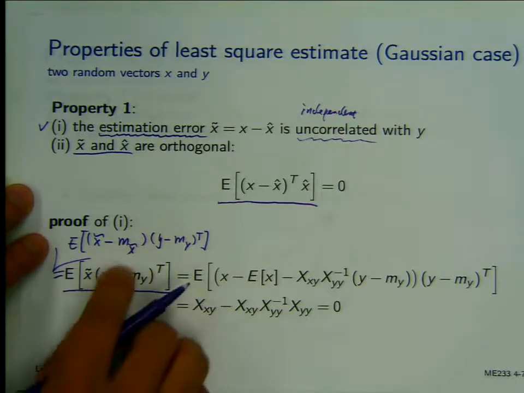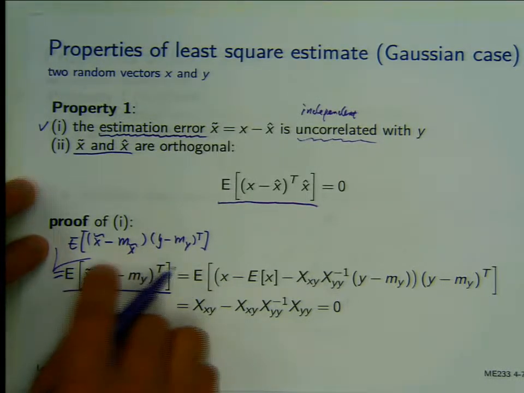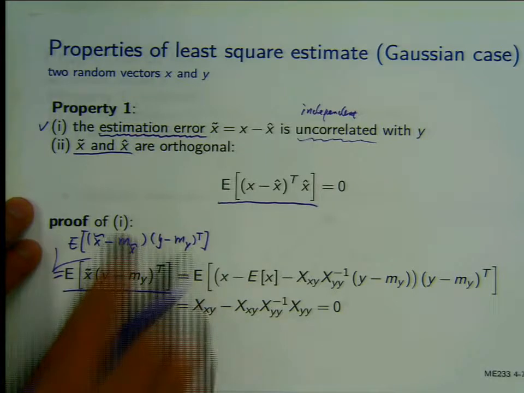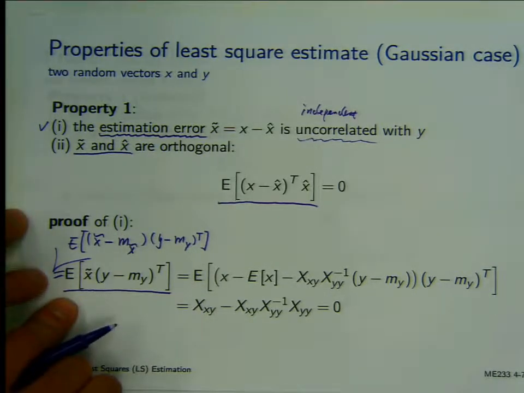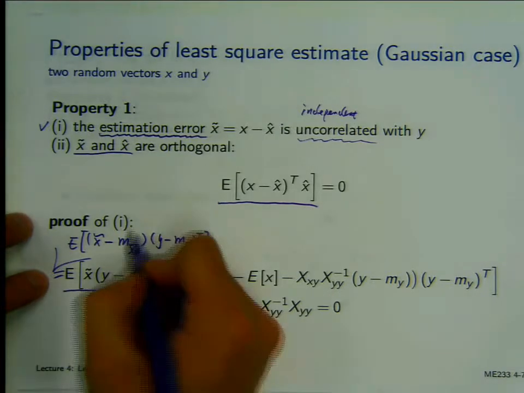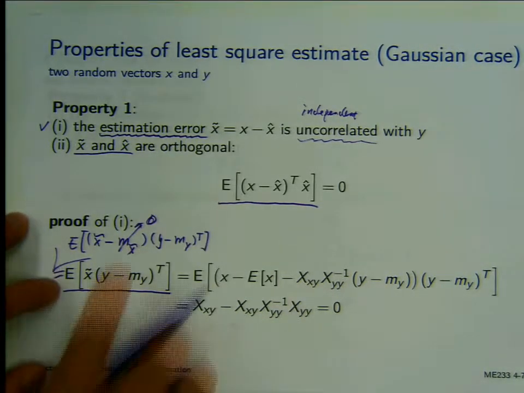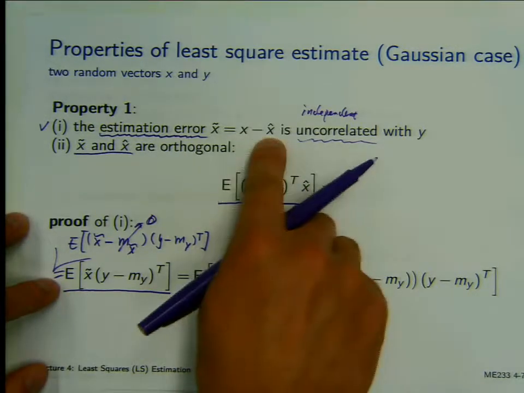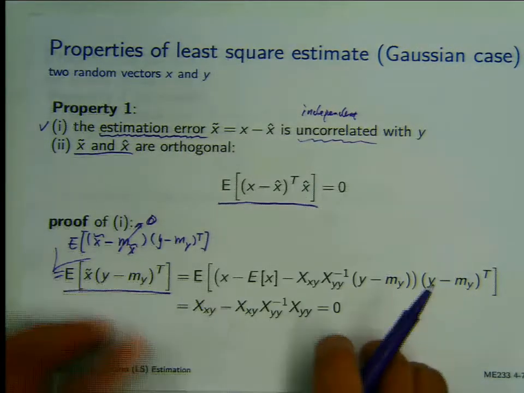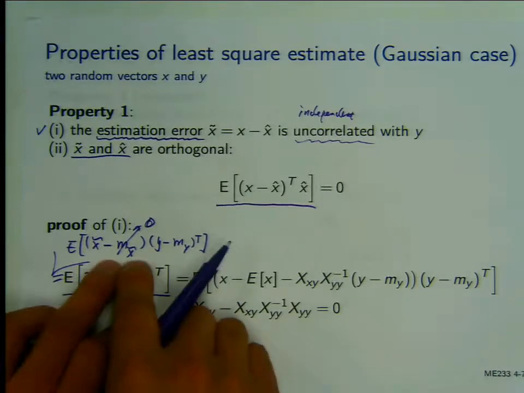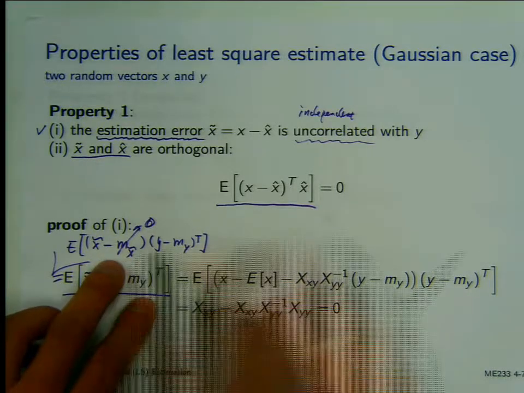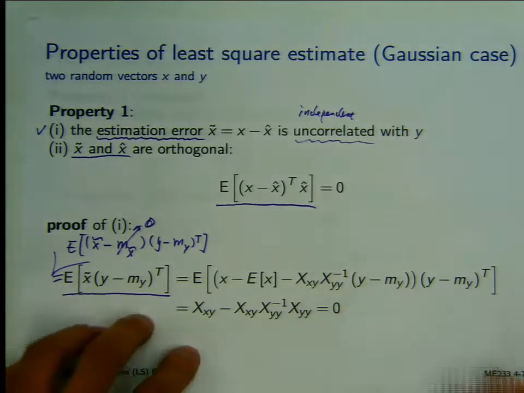This is evaluating the cross covariance between x tilde and y. Why does this equal this? Because this is 0, because the estimate x hat is unbiased. So keep this result in mind, that the mean of the estimation error is 0. We'll be using this.